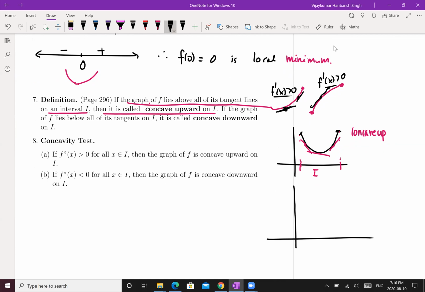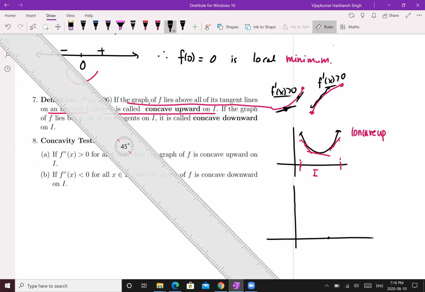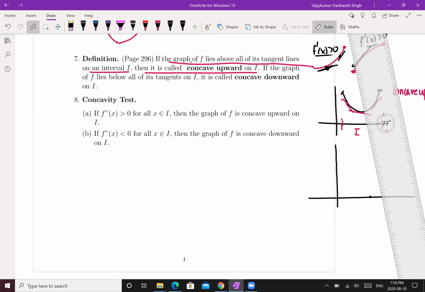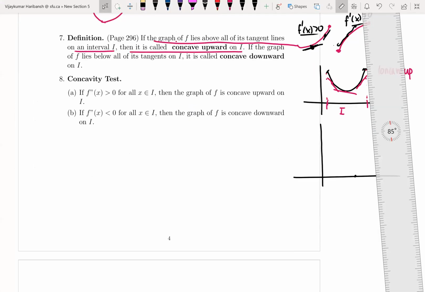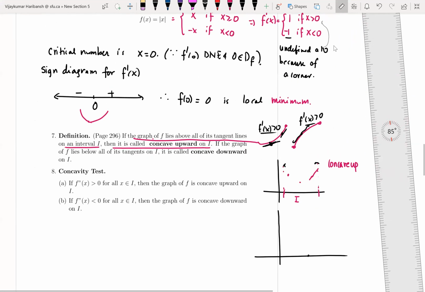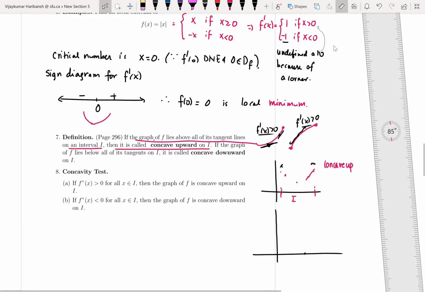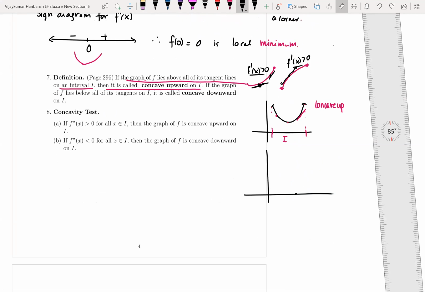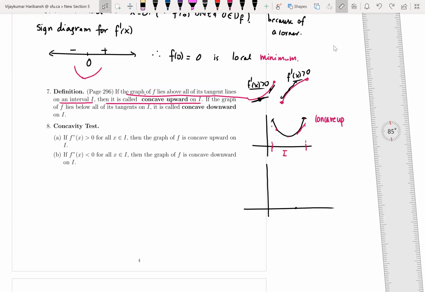Let's take this point here. The slope of the tangent line here is 0.